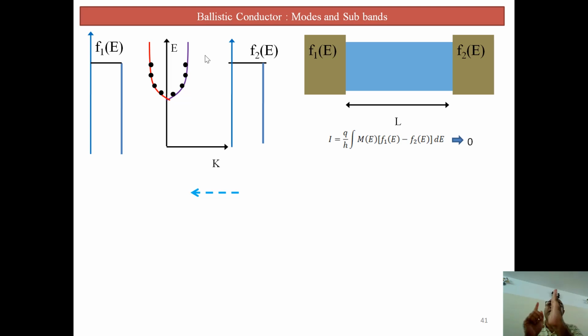If both are equal, you won't get current, because the current from this side and from that side are equal in magnitude. Suppose 100 electrons come from this side and 100 electrons from the other side, facing each other; you won't get any current. It's equilibrium, so this side minus that side will be 0. But suppose 100 electrons come from this side and only 95 electrons come from the other side; you will get a current.